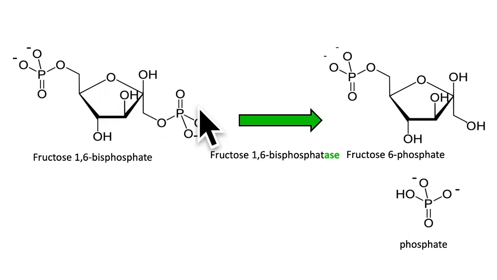In this case, the energy goes down some. Fructose 1,6 bisphosphate has one phosphate linked to carbon 1, the other phosphate linked to carbon 6. When you cleave off a phosphate, this gives you fructose 6-phosphate.